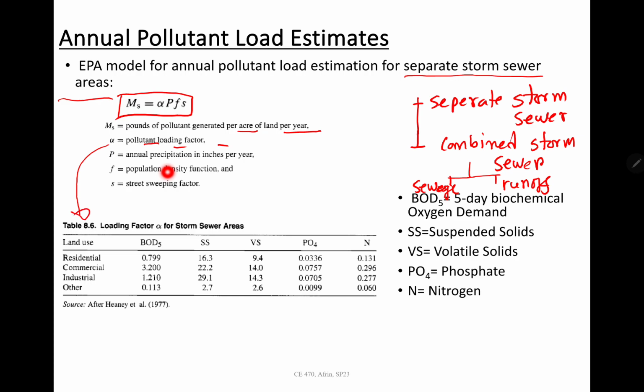You can see from here what it is for different types of land use and different pollutants. P is the annual precipitation in inches. F is the population density function, because obviously that is important. And S is the street sweeping factor, which tells you how frequently the wash off is happening.